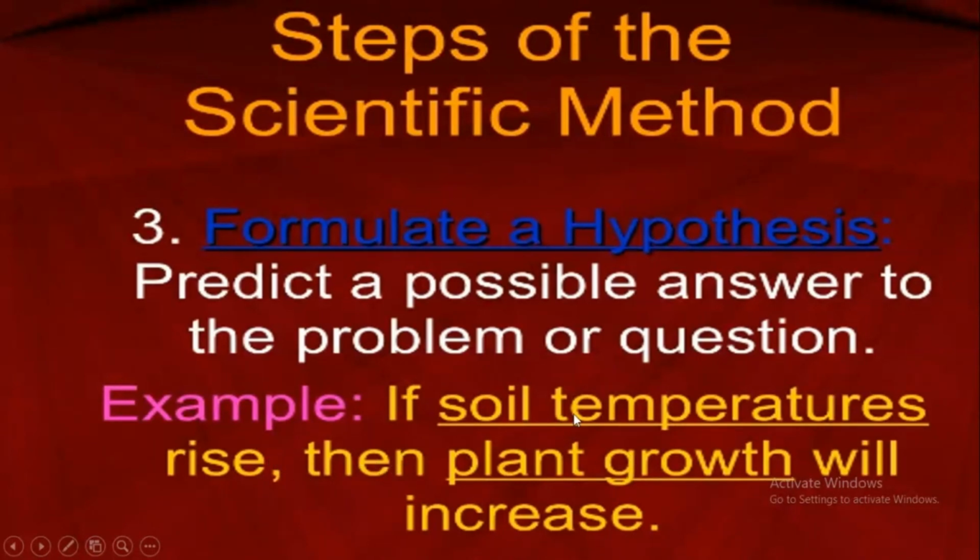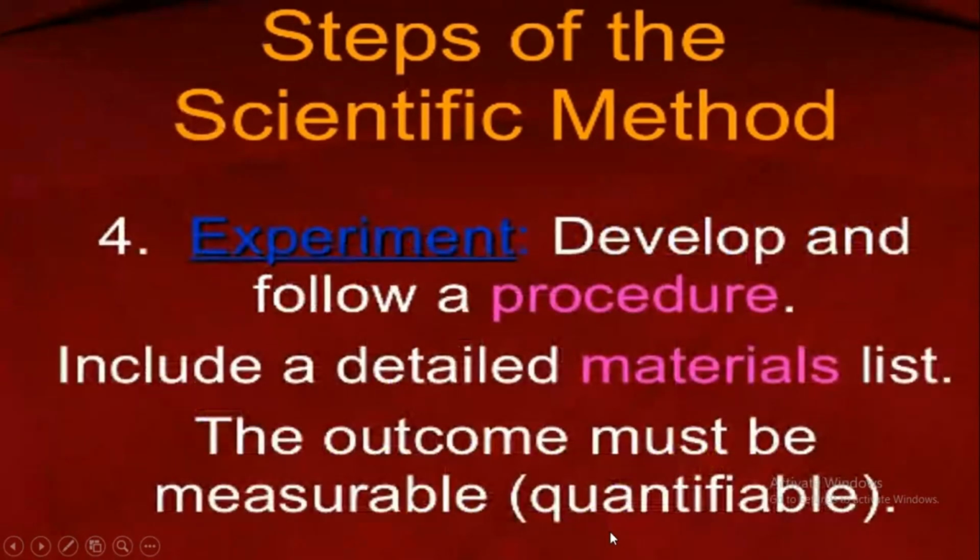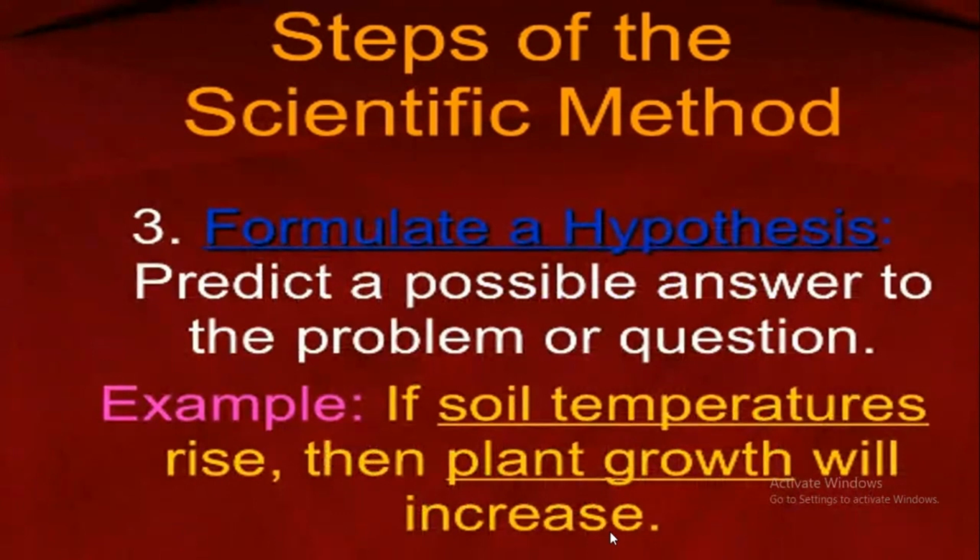So, if soil temperature will increase, then plant growth will also increase. And if there is no increase in the soil temperature, then there is no growth in the plant. So, basically, it needs to be tested. So, for that, we need to do different experiments to test this. Either it is directly related to the soil temperature or not. Either plant growth is dependent on soil temperature or it is independent of that.